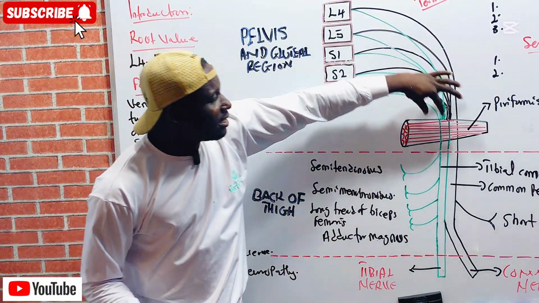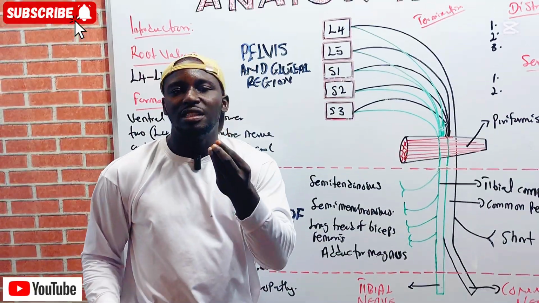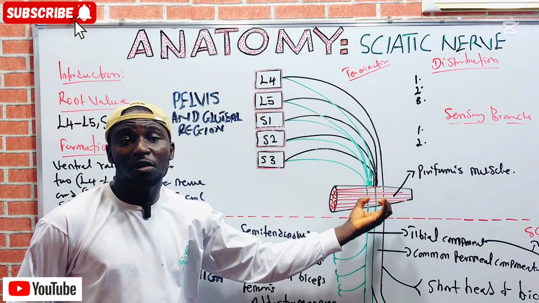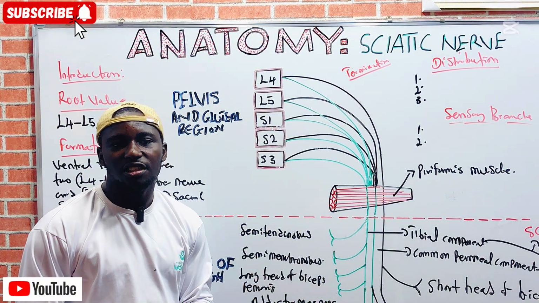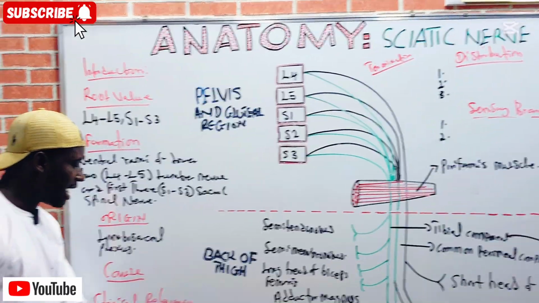Now, once it pierces the piriformis muscle, it could be a site of sciatic nerve entrapment. The sciatic nerve could be entrapped at the piriformis muscle, which will implicate what? Piriformis syndrome. So that is what we call the sciatic nerve neuropathy.